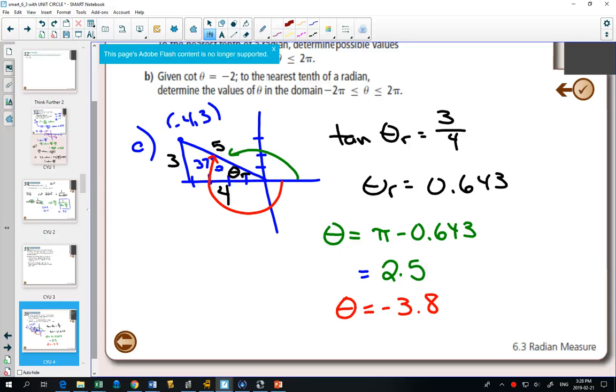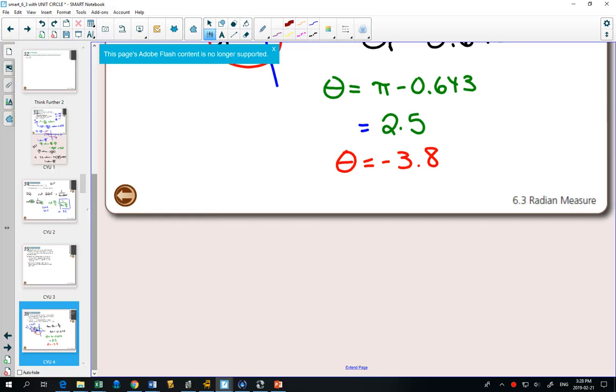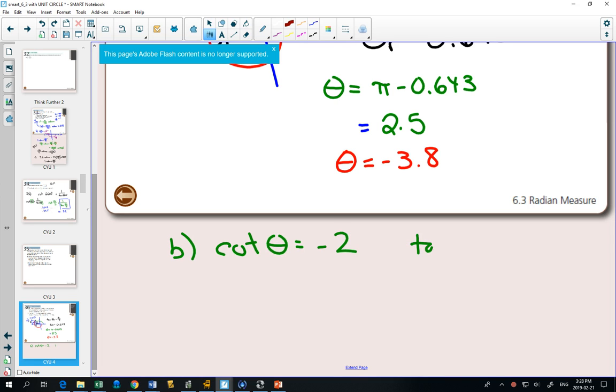So part B, given cotangent of theta is equal to -2. If cotangent of theta is equal to -2, then tangent of theta, notice the angle didn't change, but I can do the reciprocal, is equal to -1/2.